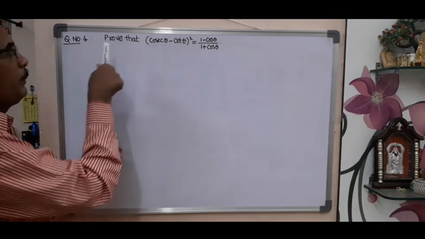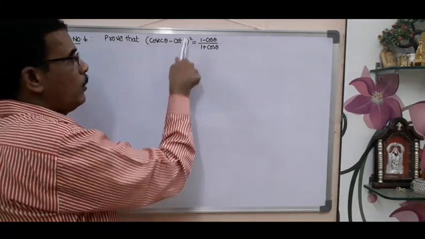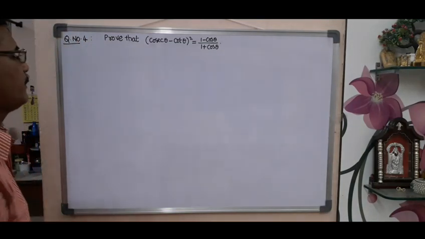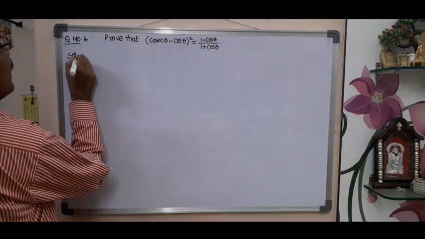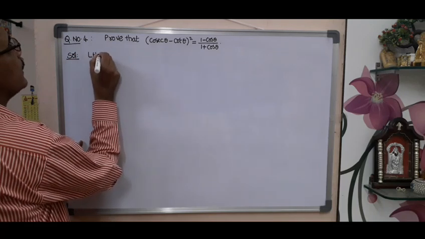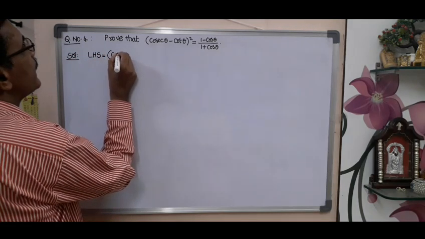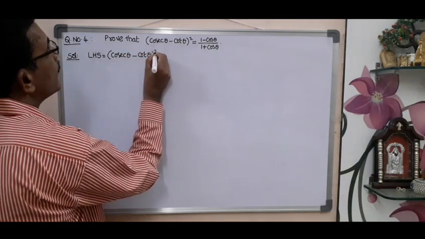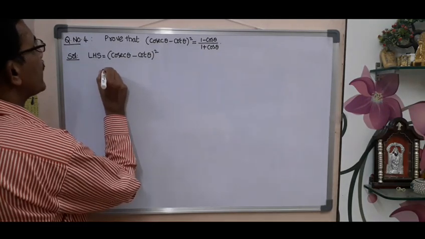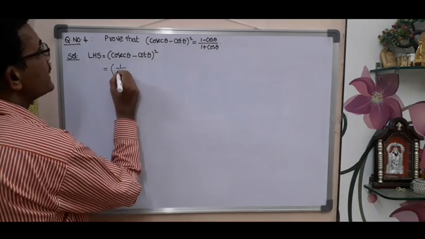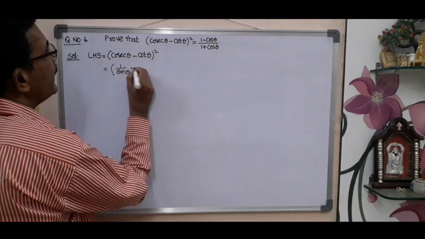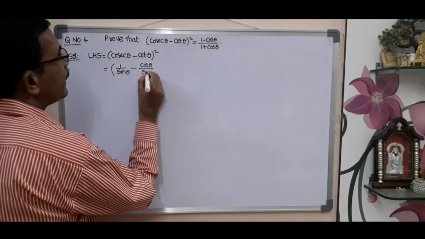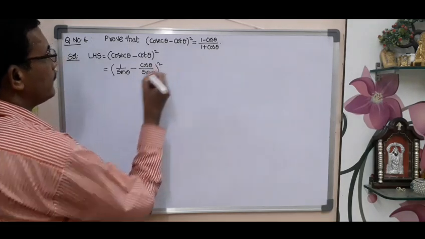Question number 4. Prove that cosec theta minus cot theta whole square is equal to 1 minus cos theta by 1 plus cos theta. Taking LHS. LHS is equal to cosec theta minus cot theta whole square. Cosec can be written as 1 by sin theta minus cot can be written as cos theta by sin theta, whole square.